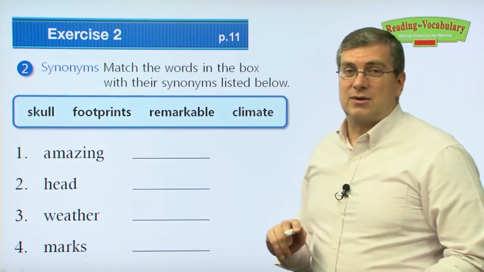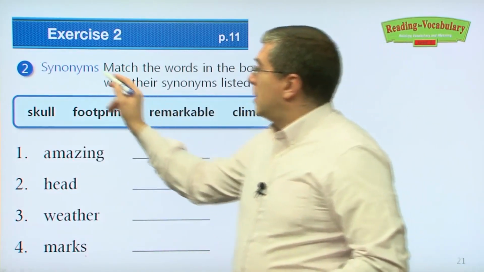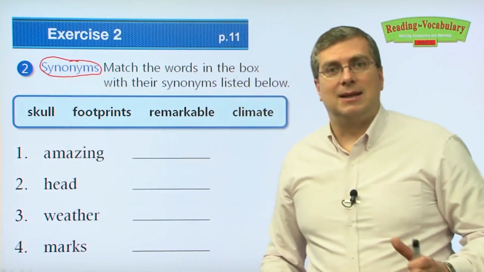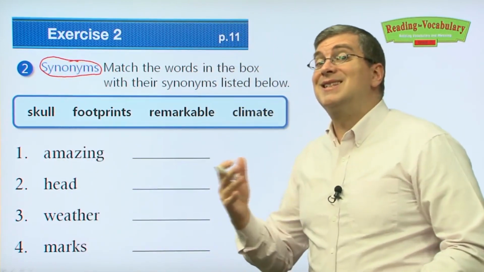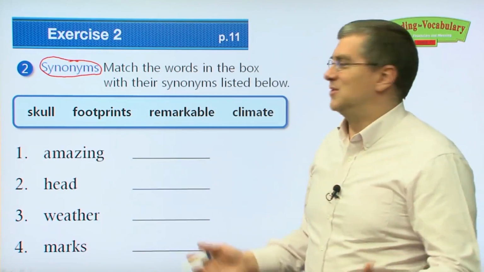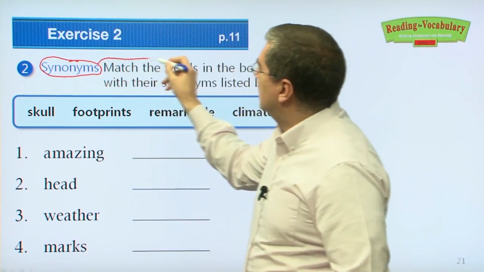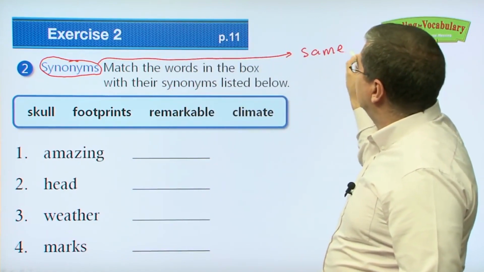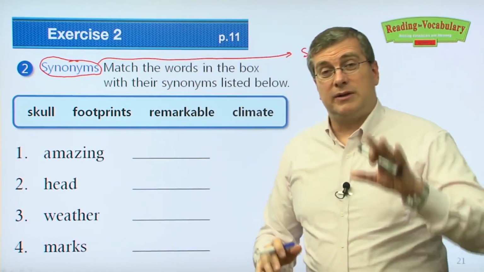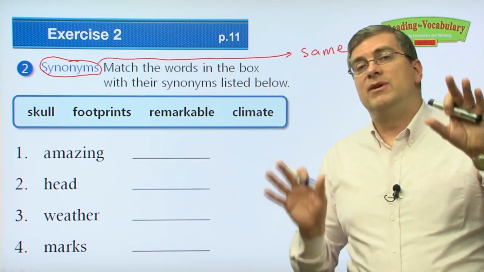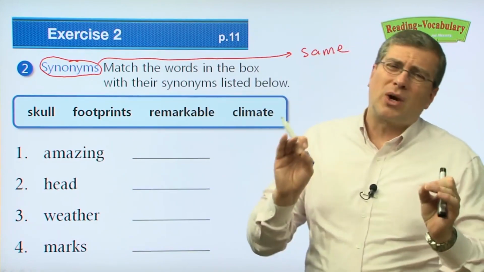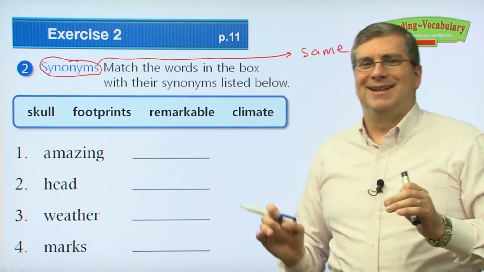Now our next exercise is talking about synonyms, right? Before we talked about antonyms, now we're going to talk about synonyms. What does synonym mean? Synonym is same. The same meaning. So a synonym is a word or two words that have the same or similar meaning.